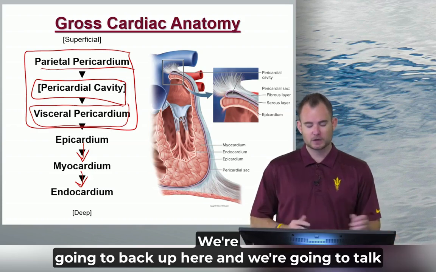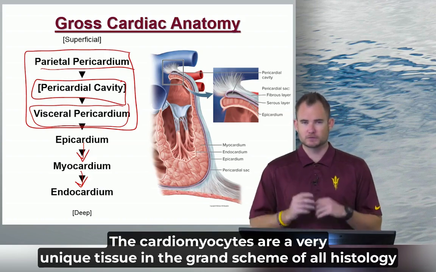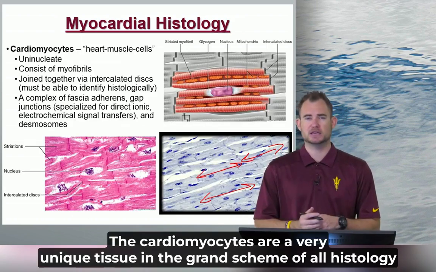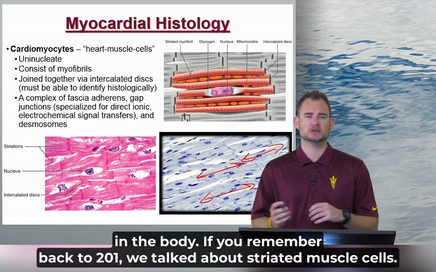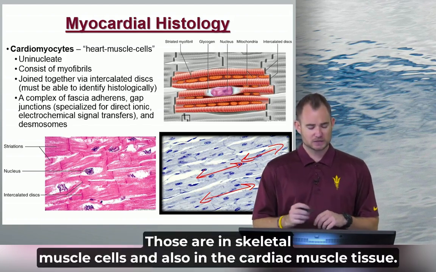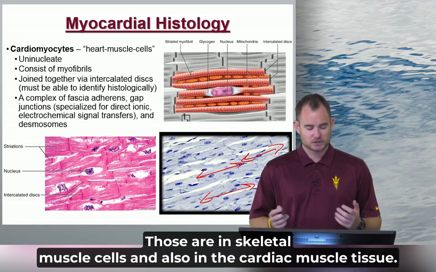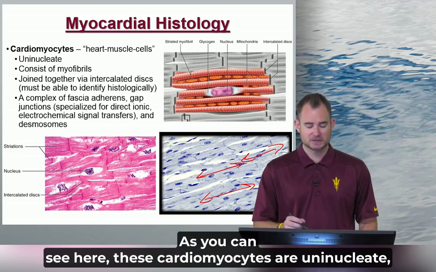We're going to back up here and talk about the cardiomyocytes for just a minute. The cardiomyocytes are a very unique tissue in the grand scheme of all histology in the body. If you remember back to 201, we talked about striated muscle cells. Specifically, those are in skeletal muscle cells and also in the cardiac muscle tissue, as you can see here.